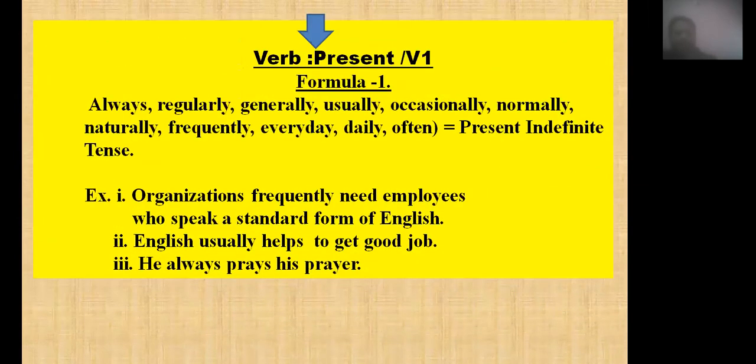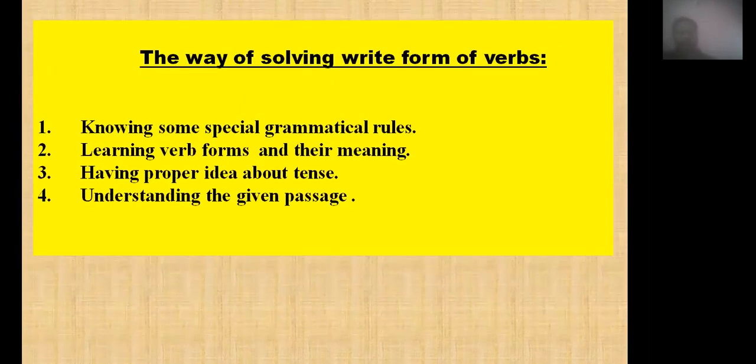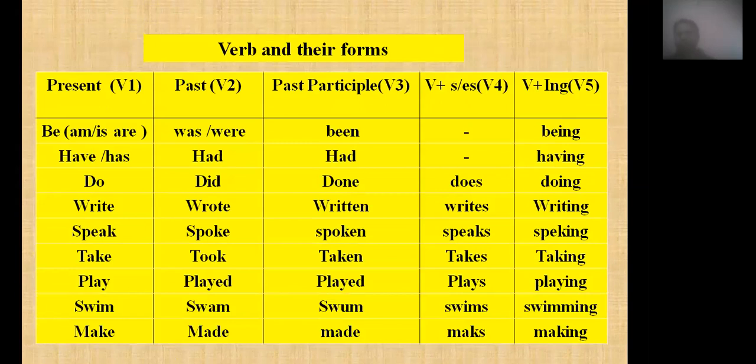Now let's see some grammatical rules. As I have said, you have to know some special grammatical rules. Before going to the grammatical rules, as I told you earlier, there are 5 forms of verbs.